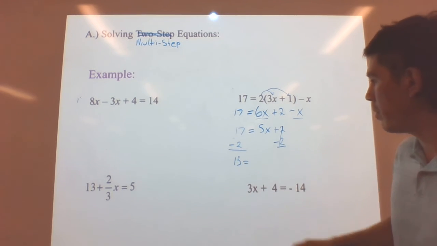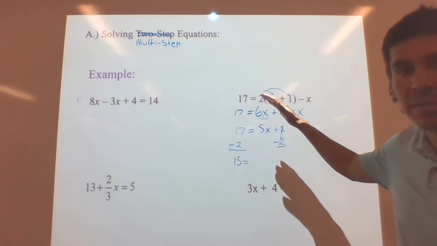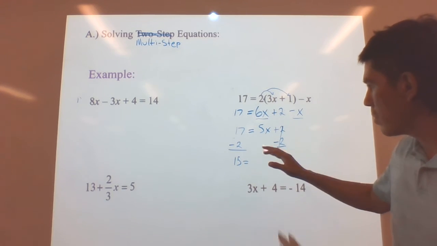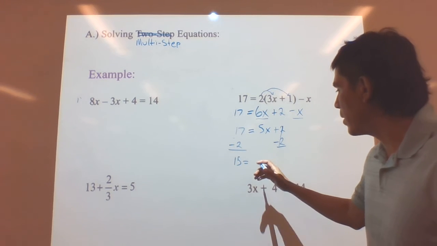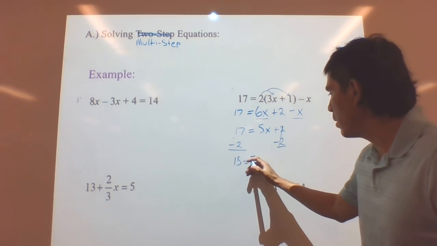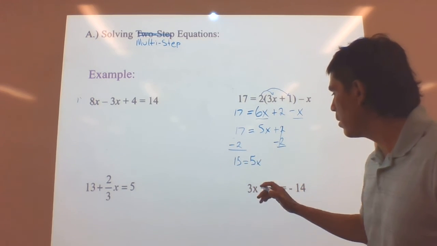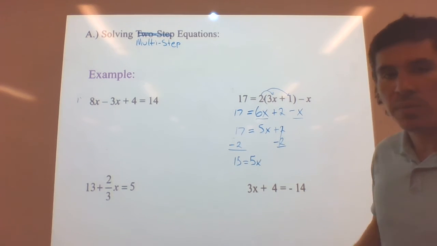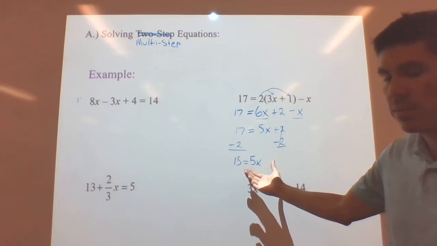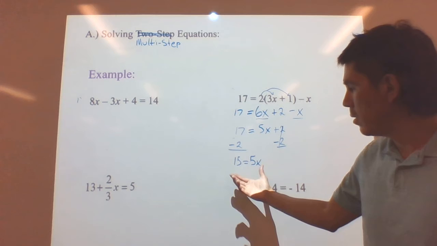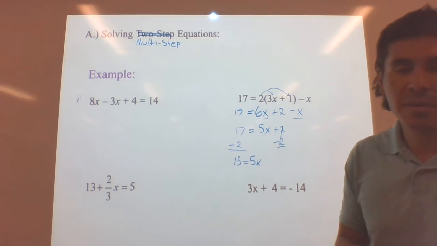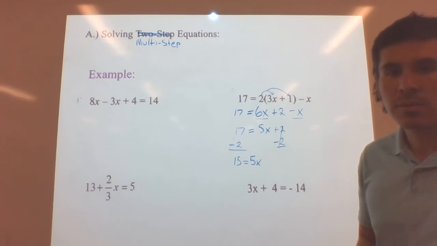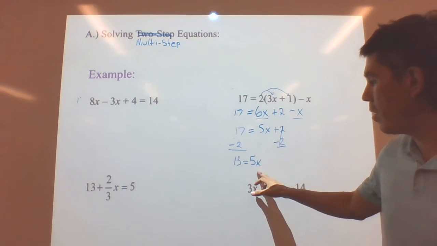15 equals. I bring down the equal sign every single time. What do I bring down next? Well, what's left over? My 5x. Okay? Notice as we go, it gets cleaner and looks smaller and smaller. We're one step away from solving for our variable.